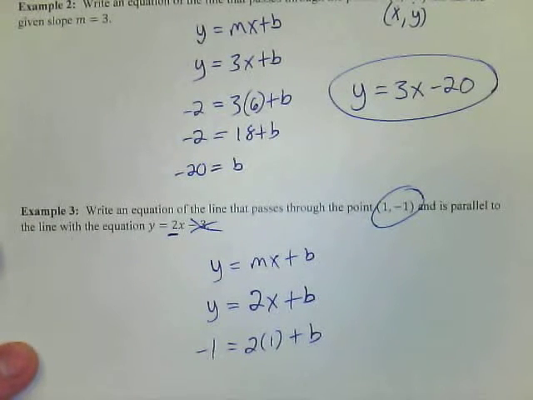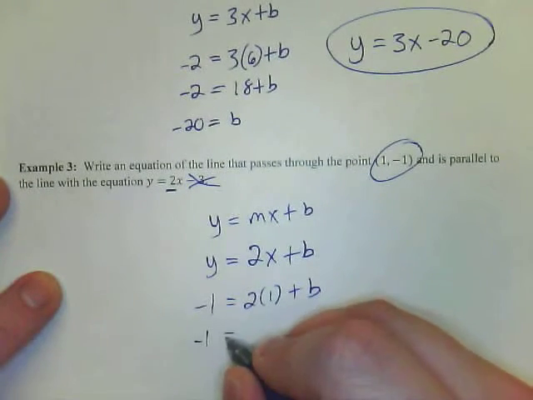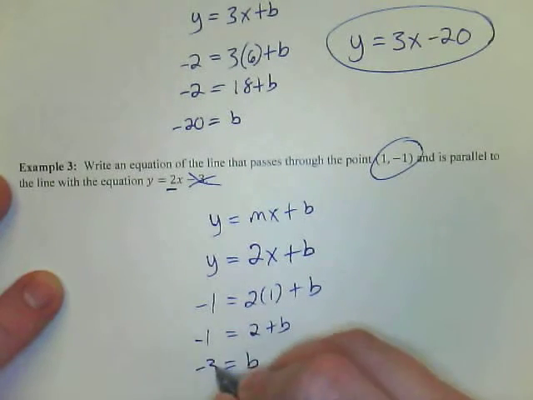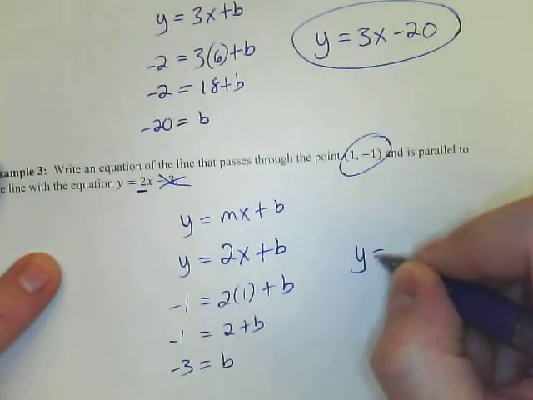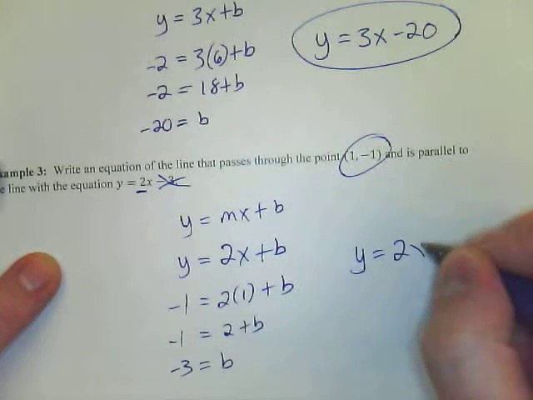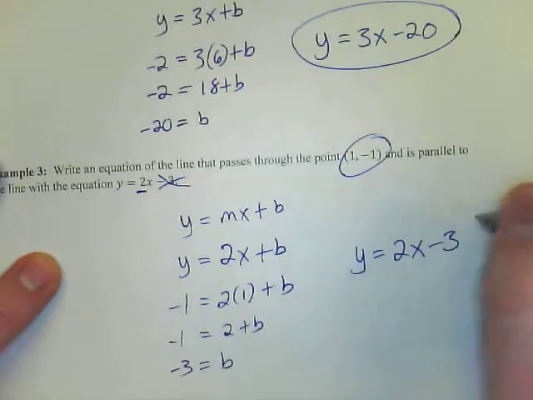When we plug those in, we get an equation that has b as its only unknown, so we can solve for b. This is negative 1 equals 2 plus b. Subtract 2 from both sides, and we get that b is equal to negative 3. So for our equation, y equals the slope, which again was 2, and then negative 3.